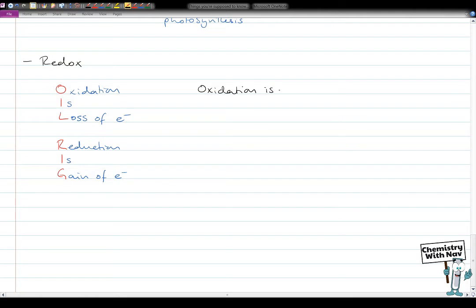where oxidation is a rise in oxidation number. So if you have an element such as sodium, starting with oxidation number 0, ending up as Na+, which has oxidation number +1, then that means it has been oxidized because the oxidation number has risen or increased.